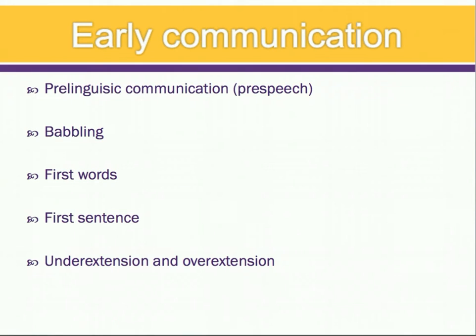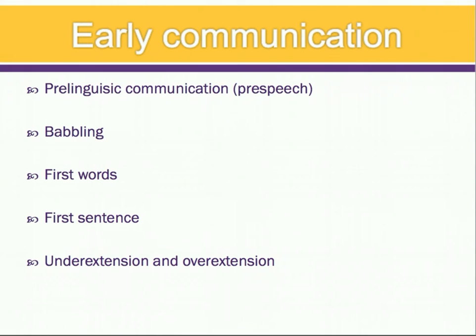Now, even deaf children do this, very interestingly, and they babble with their hands. One of the craziest things that we've learned since we got neuroimaging is that brain regions are the same for hand gestures and for speech production. That's really, really cool. So people who are using sign language are using similar parts of their brain, at least.